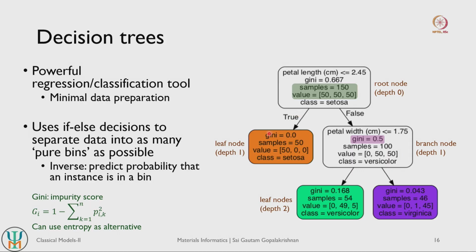If you end up in a node which does not have any branching following it, it is referred to as a leaf node. So the root node here gets split into 1 leaf node and 1 branch node, and both have a depth of 1. So the root has a depth of 0, branch nodes have a depth of 1, and once you do one more classification we get 2 leaf nodes, with no more classifications, so they have a depth of 2. So this is a decision tree with a depth of 2.